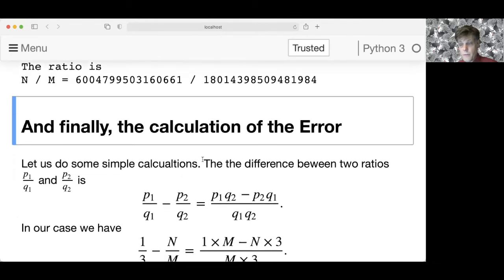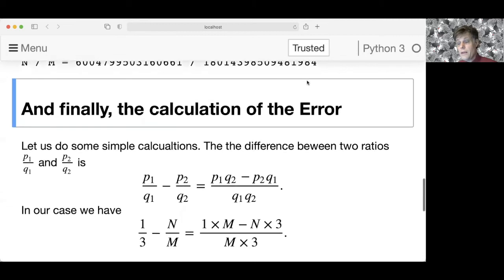We could, of course, try to find the difference between n over m and 1/3, which actually should give us the error. But in the calculation, what do you think? Well, in the calculation, 1/3 will be stored exactly like this number. So the result is 0, and that's a false result.